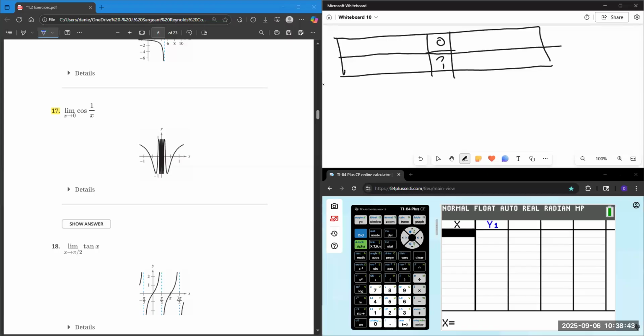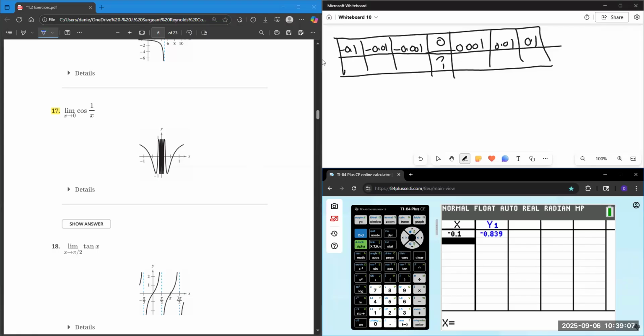So let's use -1/10, -1/100th, and -1/1,000th. Let's use 1/10, 1/100th, and 1/1,000th here.